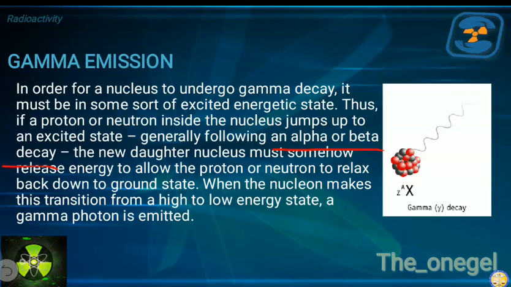And meron din namang both gamma and beta emitter. Merong alpha emitter and gamma emitter. So, hindi siya solo na emission. Sumasama siya with alpha or beta decay. When the nucleon makes this transition from a high to low energy state, a gamma photon, of course, is ejected, photon or an electromagnetic radiation.